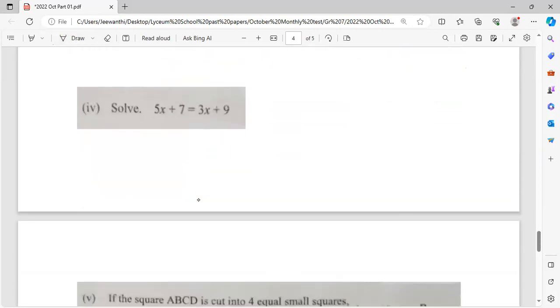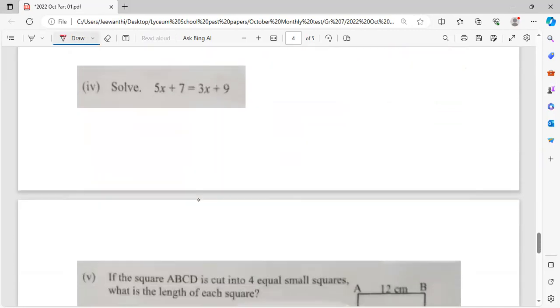So the next one here, you have the x terms on the right side and the left side both. What do you do, children, when you have this kind of question? 5x minus 3x equal to 9 minus 7. 5x minus 3x is 2x equal to 2.